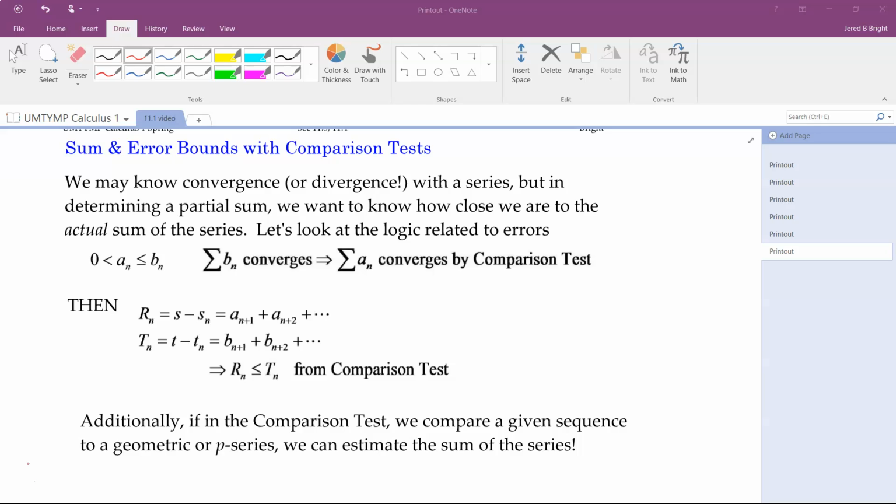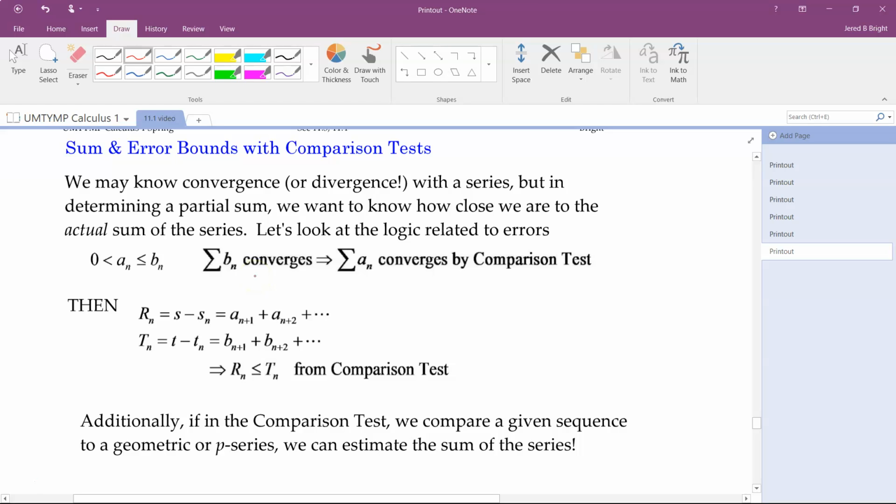If we know that our sequence contains all positive terms, and if Bn converges, then that implies that An is convergent by the comparison test. Again, we would need to prove Bn is convergent.